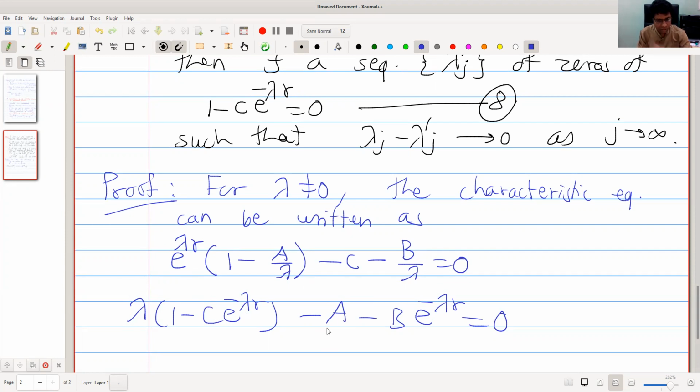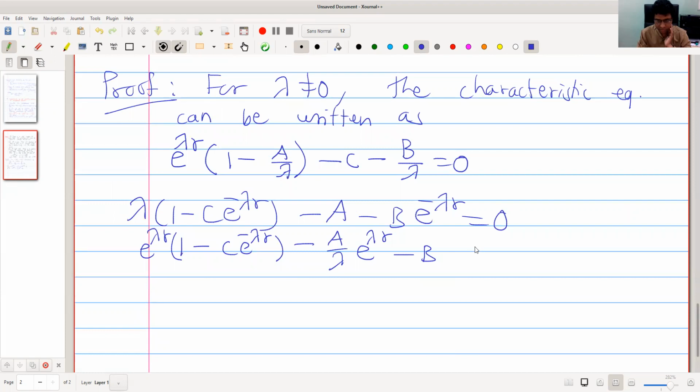We are also multiplying by e raised to lambda r, so we get e raised to lambda r into 1 minus c e raised to minus lambda r, minus a by lambda e raised to lambda r, minus b by lambda.